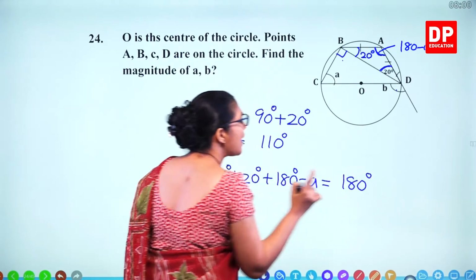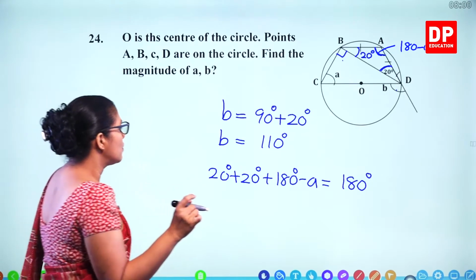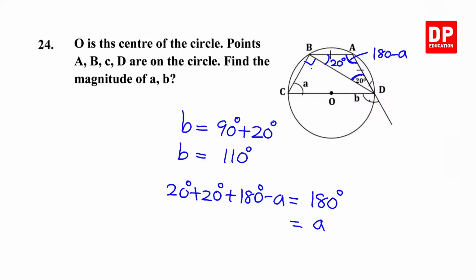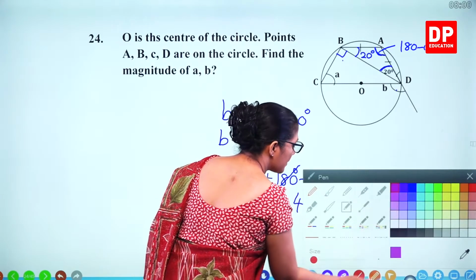That's the sum of angles in a triangle. So what's A? You can take A to this side. 180 gets cancelled out. 20 and 20, that's 40. So A is 40 and B is 110. So 2 marks for that.